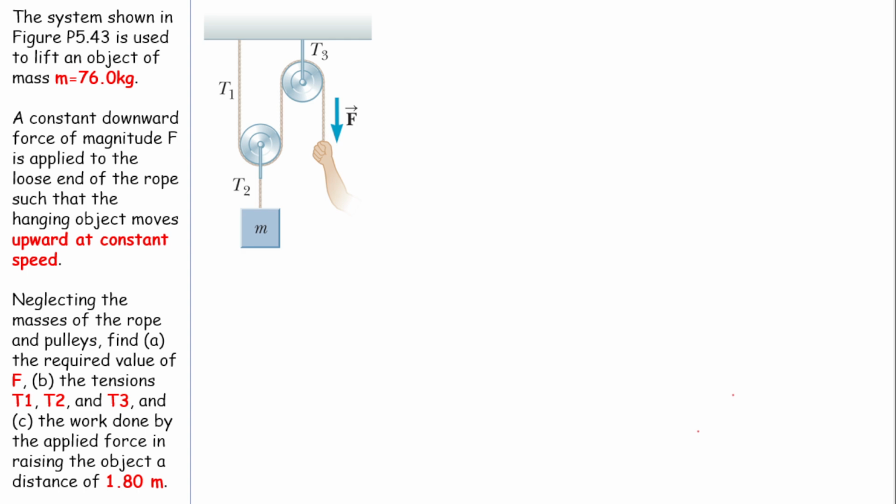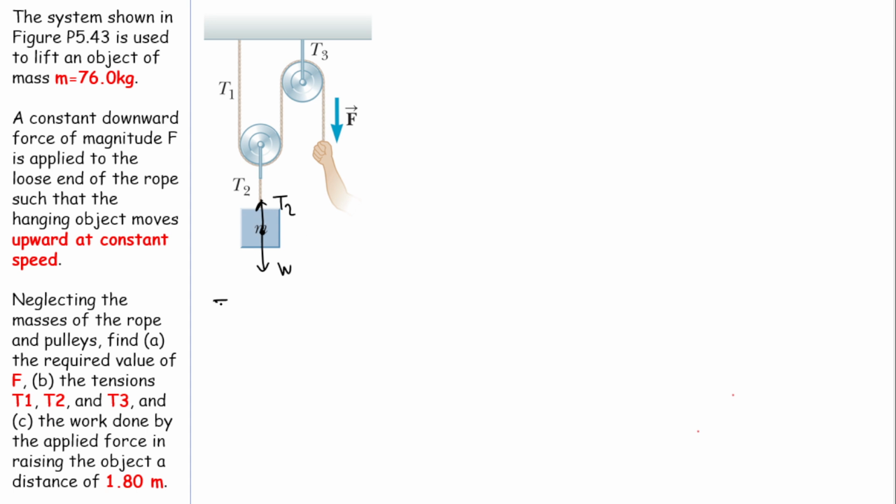Okay, so let's draw all the forces that work on this system. I will use this mass as our reference, and obviously we have the weight of it. So I will have weight, and then in the upward direction I will have this T2, and we can apply Newton's second law on this system.